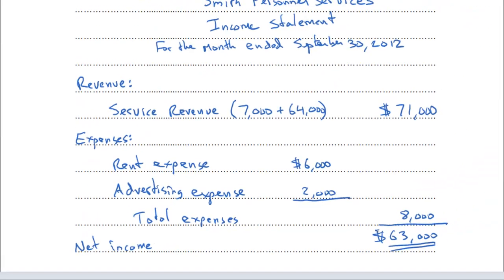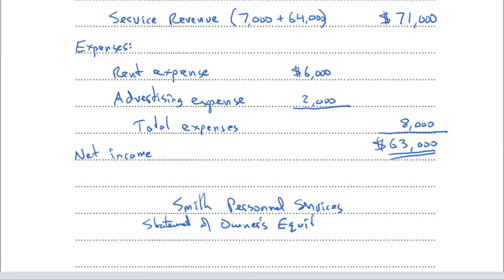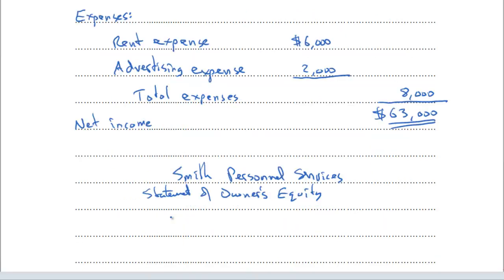Now, we also have to create a statement of owner's equity. So again, we're going to start the statement with the title of the business, Smith Personnel Services. And this is now a statement of owner's equity, and it's for the same time frame as the income statement.